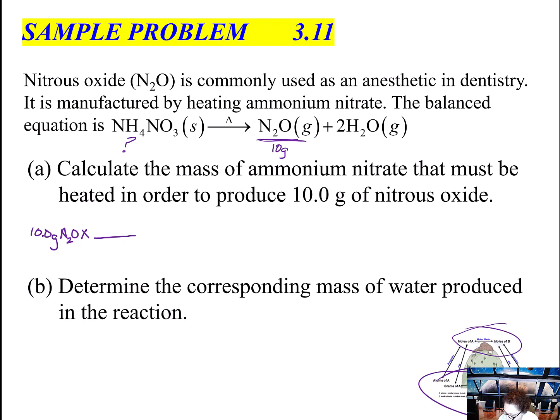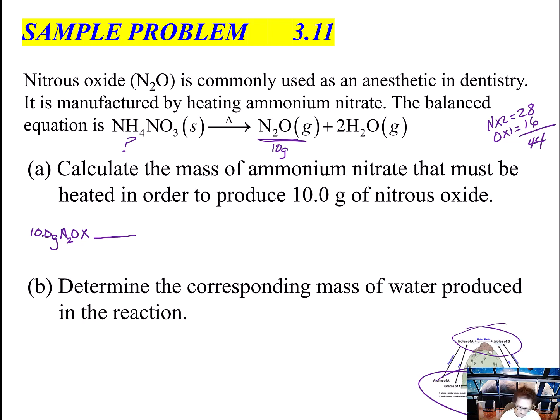The first thing I know I've got to do is convert that to moles. So the formula weight of N2O, and again I've done these ahead of time, is nitrogen times 2, which is 28, and oxygen times 1, which is 16, so that's 44.